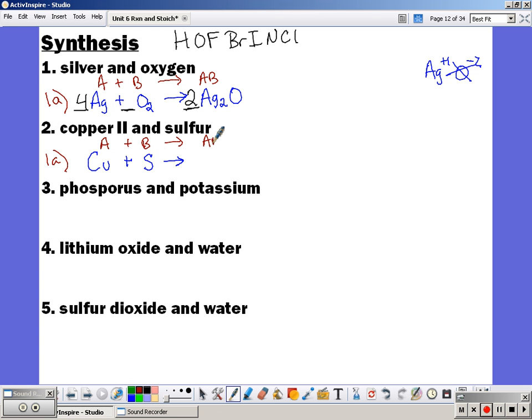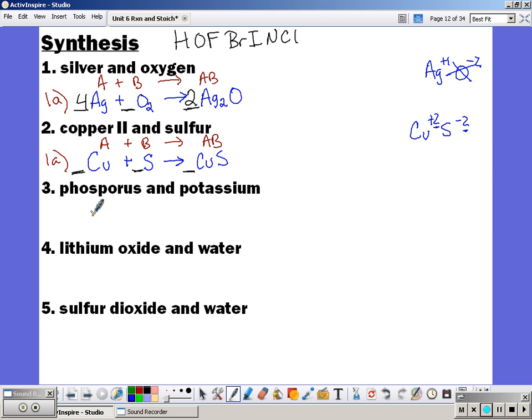So I need to cross my charges. This is where the Roman numeral comes into play. So Cu is +2 and S is -2. Well, because they have the same numbers, they reduce to CuS. To balance it, 1 copper, 1 copper, 1 S, 1 S, it's balanced.